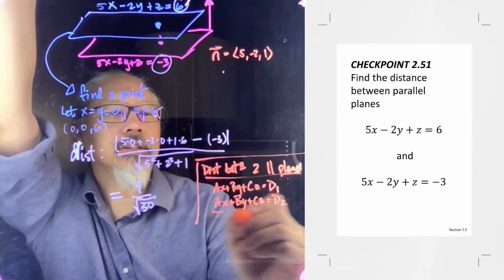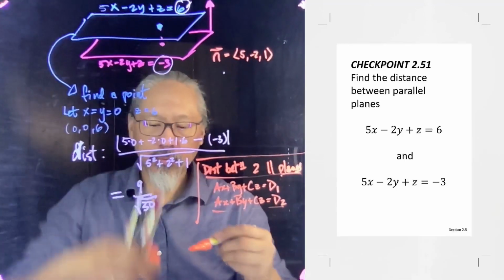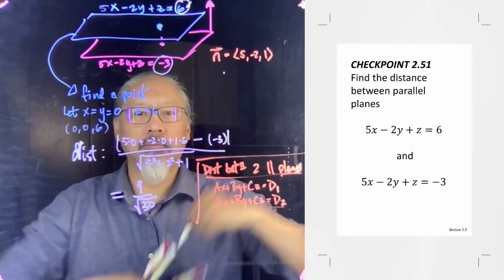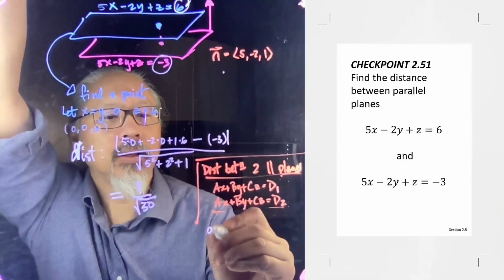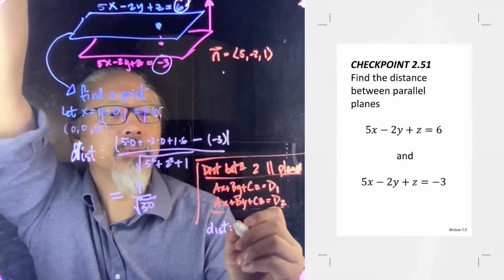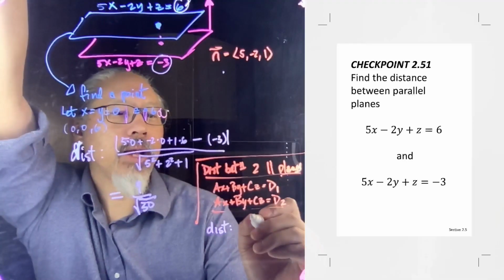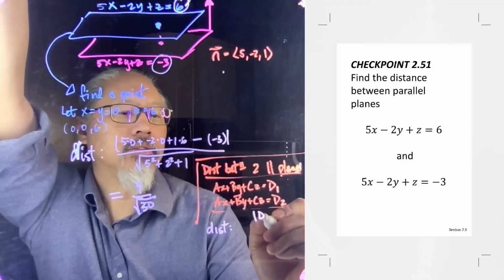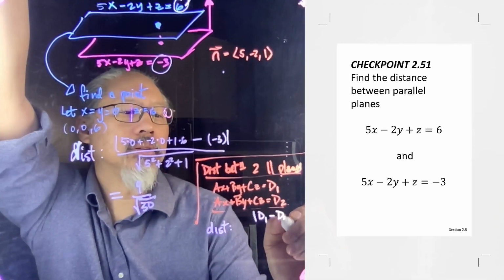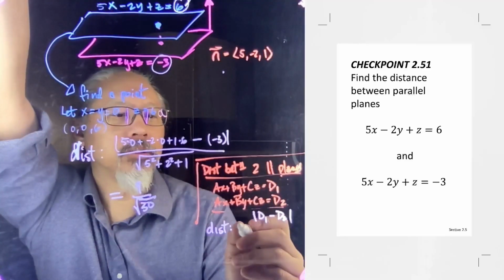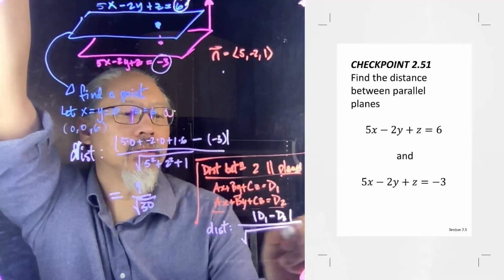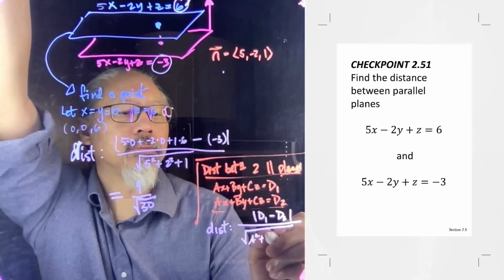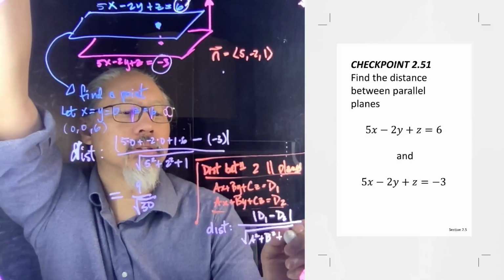And so the distance is going to be given by the absolute value of the difference between d1 and d2, over the square root of a squared plus b squared plus c squared.